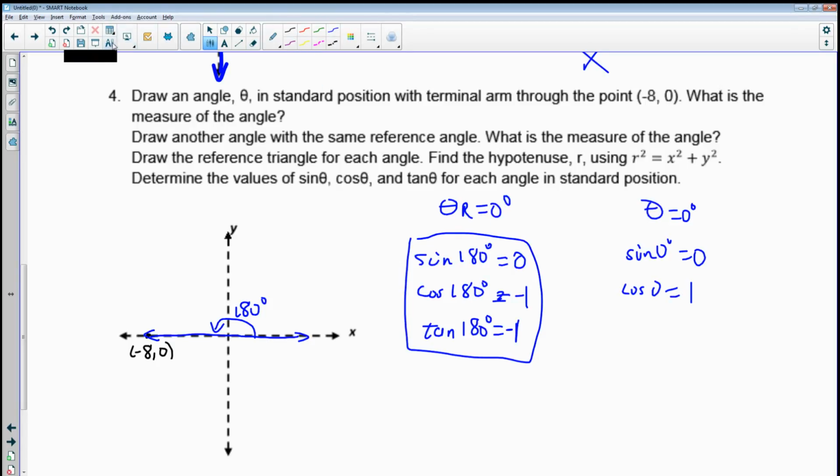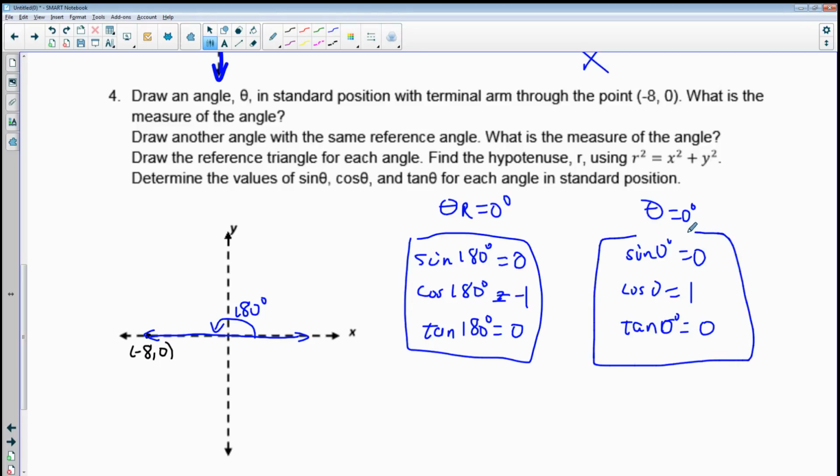I actually made a big mistake here. Tangent of 180 is also 0, and tangent of 0 degrees is also 0. I made a mistake here. 0 over -1. Oh, spoilers, that's how you calculate. So I revealed the answer, but I would like you to try this activity out for yourself.